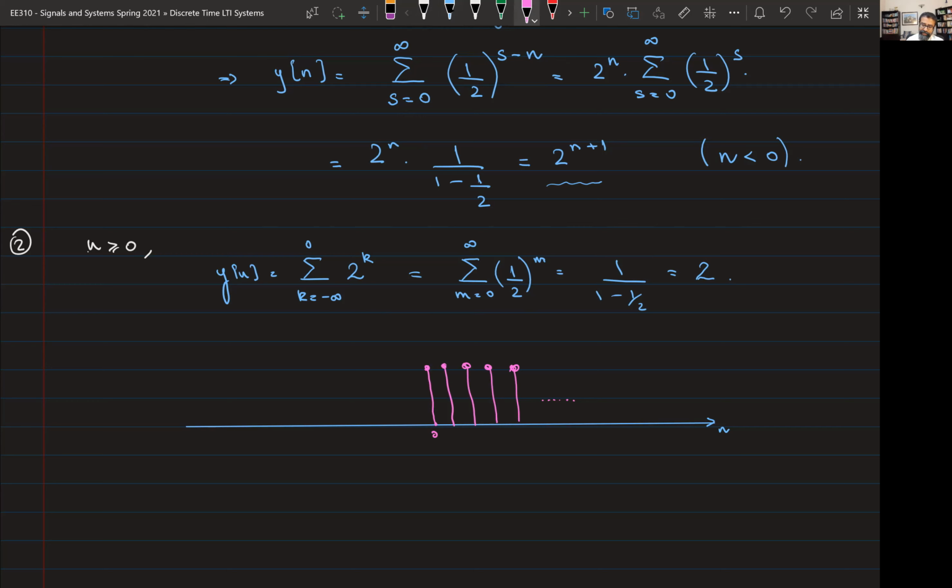That is 2 raised to power n plus 1. So this once again is a growing exponential, but now it grows all the way up to 2. So here it will be 1, then half, then 1/4, then 1/8. So this is 2, this is 1, this is half, and this is 1/4, and so on.